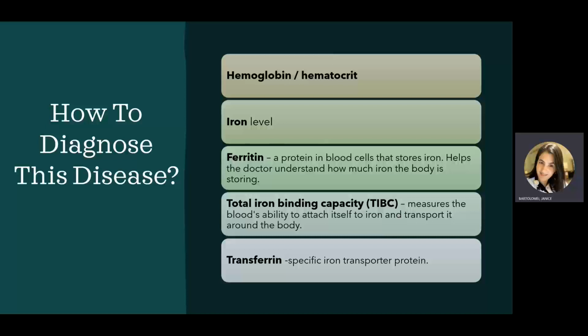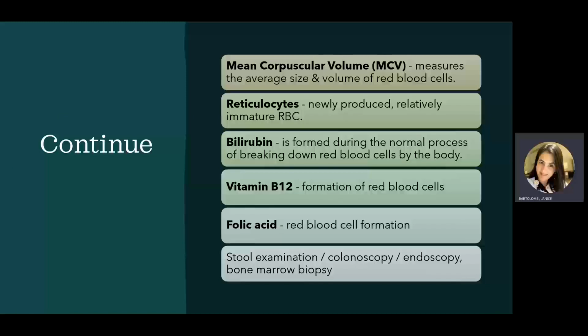So it's also helpful when we are talking about iron deficiency. And then transferrin, which is the transporter protein of iron. They might also order MCV, which tells you the average size and volume of the red blood cells, as well as some bilirubin, vitamin B12, and folic acid.